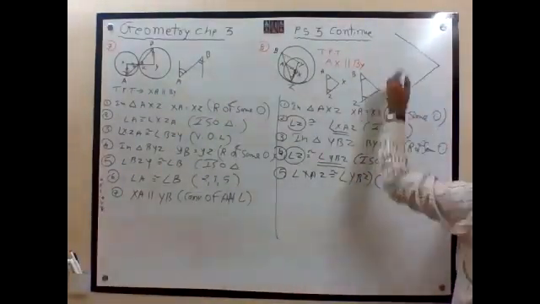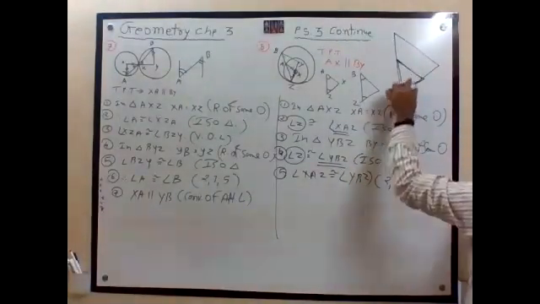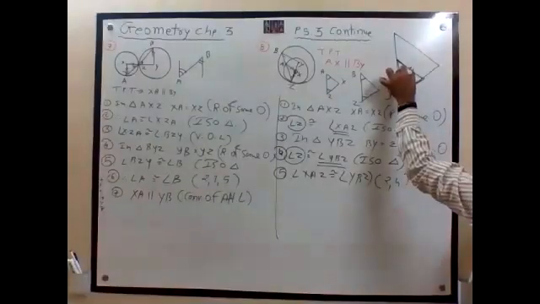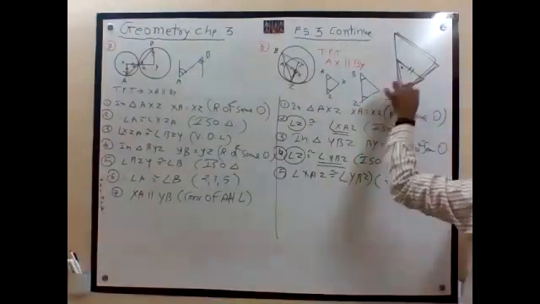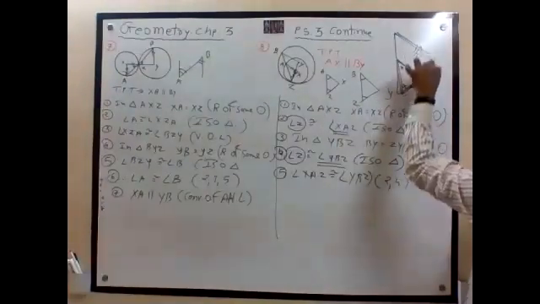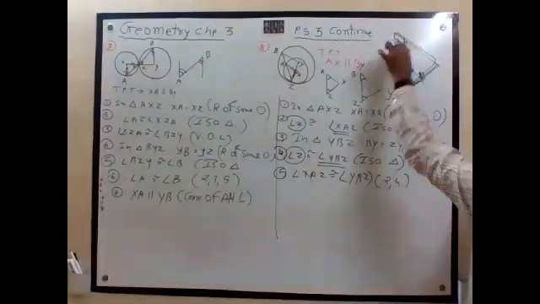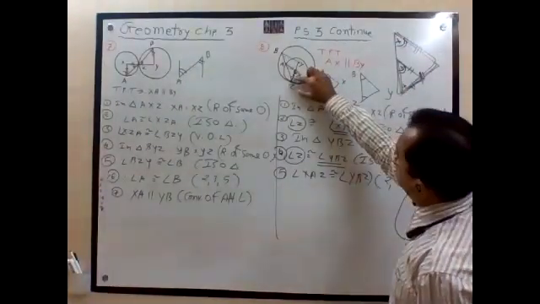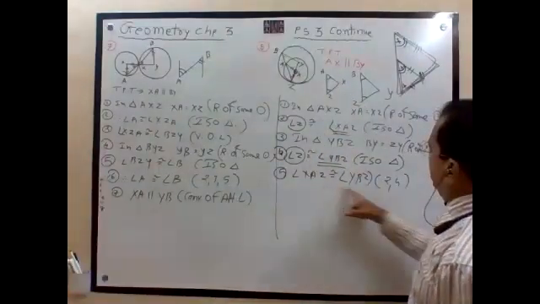Combined diagram. In this triangle, these two are equal, so these both are equal. In this triangle, this and these are equal, so this equal to this. So automatically this. Z is equal to A, Z is equal to B, so A and B are equal.